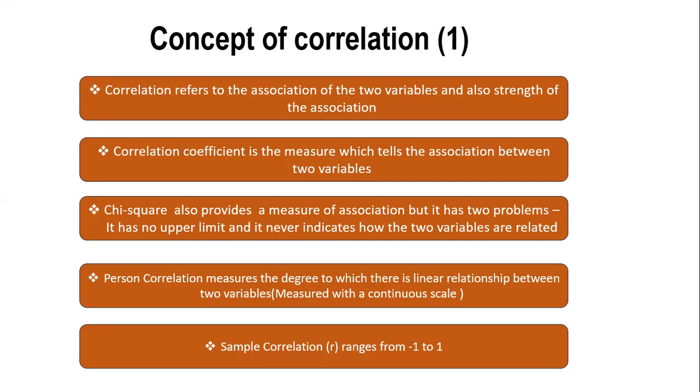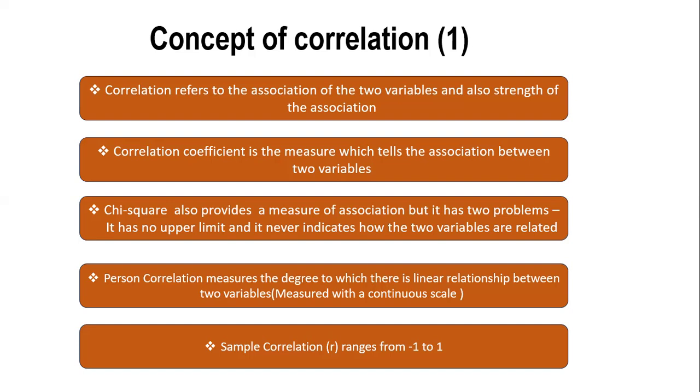It will give a value so that we can interpret how much two variables are correlated with each other. Correlation coefficient is the measure which tells the association between two variables, meaning the number we get by calculating correlation to measure how much two variables are associated.